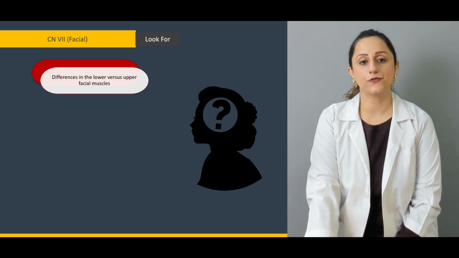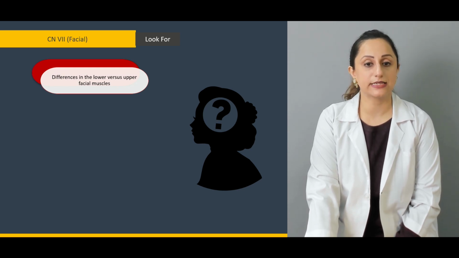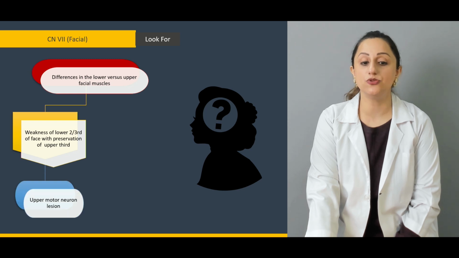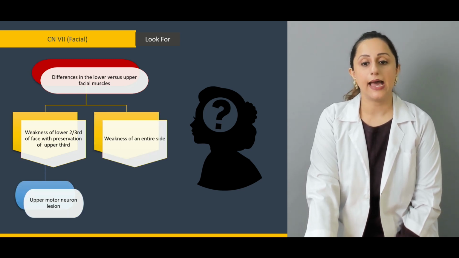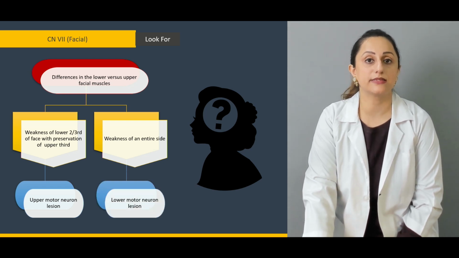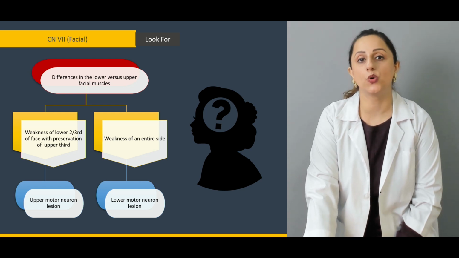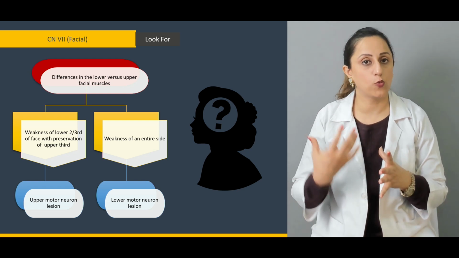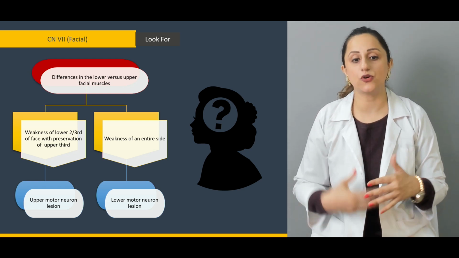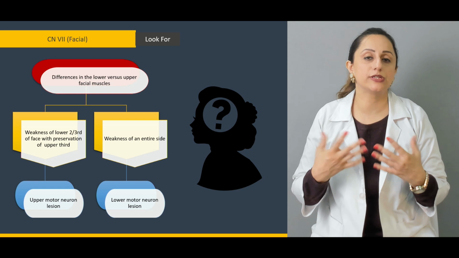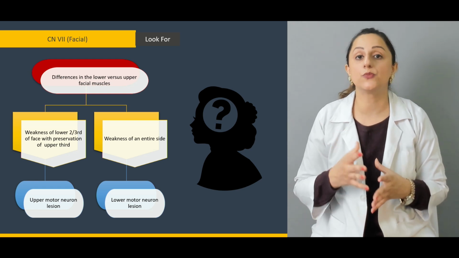While you're checking for the facial nerve, you're going to look for the differences in the lower versus the upper facial muscles. The weakness of the lower two-thirds of the face with preservation of the upper third is usually an upper motor neuron lesion. And the weakness of an entire side, that is the case that I've already discussed, the Bell's palsy, is usually a lower motor neuron lesion.